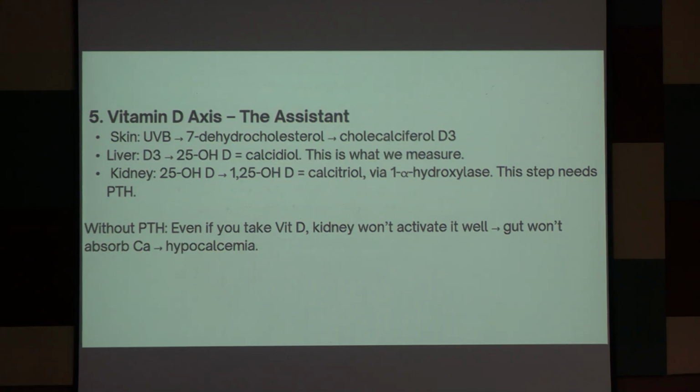And what is the angle of sunlight which will stimulate it? At which time of the day will sunlight help formation of vitamin D? Any idea? This ultraviolet B, when it is coming at an angle of 30 to 45 degrees, is the time when it gets activated.